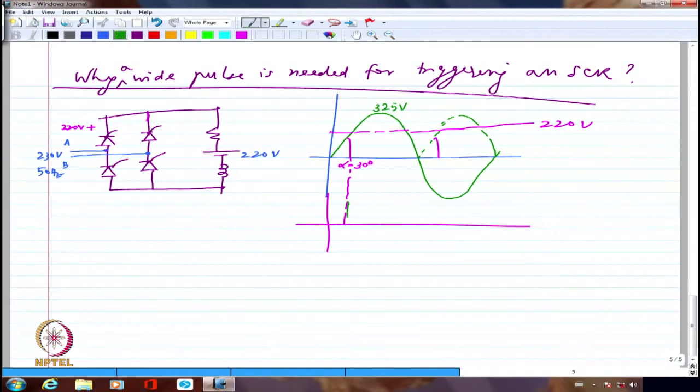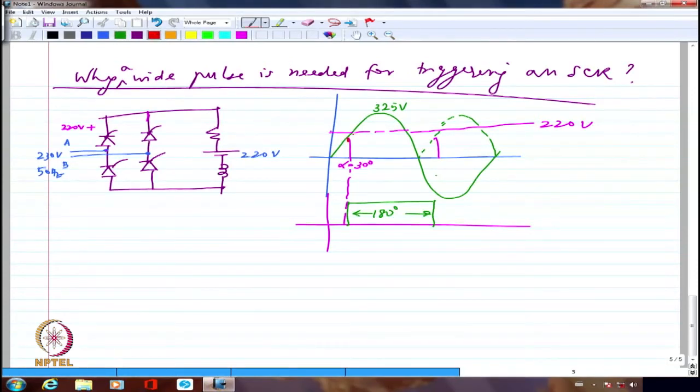So I give a 180 degree wide pulse to fire this SCR, but I can't give a DC, because a pulse transformer is being used, so I do the high frequency ANDing and so on. Now it will be able to fire at this point. If it is not fired at this point, it will at least fire exactly where the two are meeting with each other.